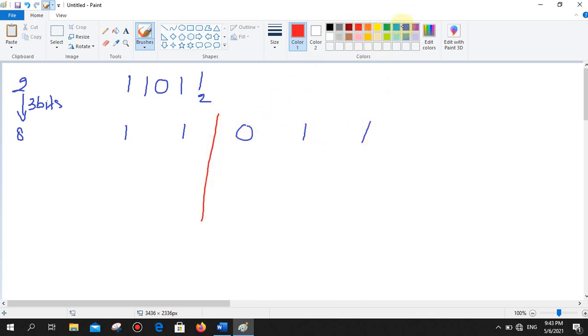So then we'll convert. Here you have to write 2 to the power of 0 into 1 plus 2 to the power of 1 into 1. This is 2 to the power of 2 into 0, and this is 2 to the power of 0 into 1 plus 2 to the power of 1 into 1.